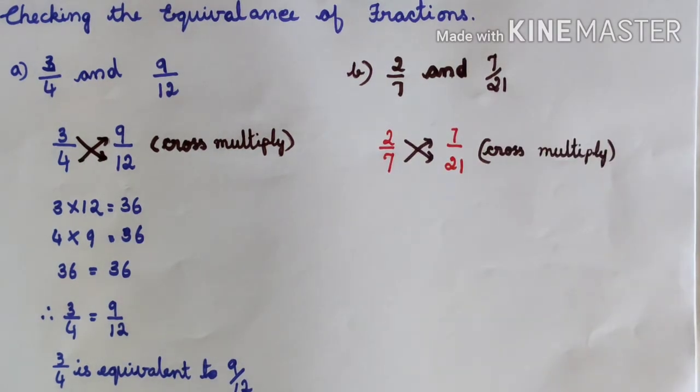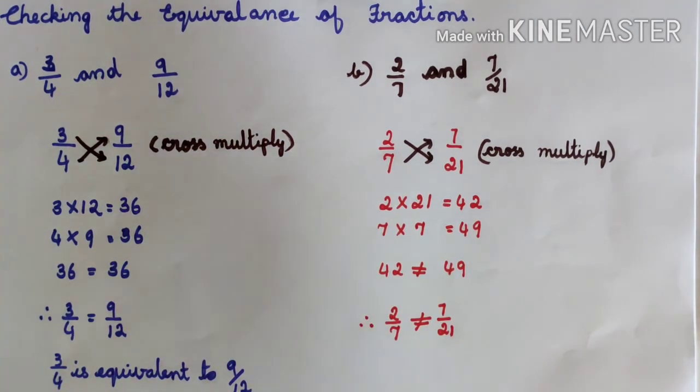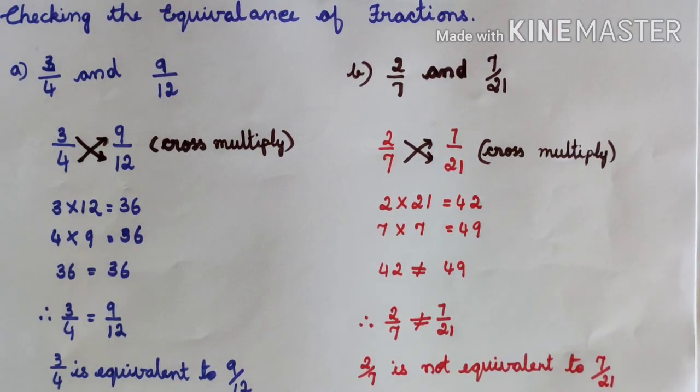So cross multiplying this gives us 2 into 21, which is 42, and 7 into 7, 49. So we can conclude that 42 is not equal to 49. Therefore 2/7 is not equivalent to 7/21.